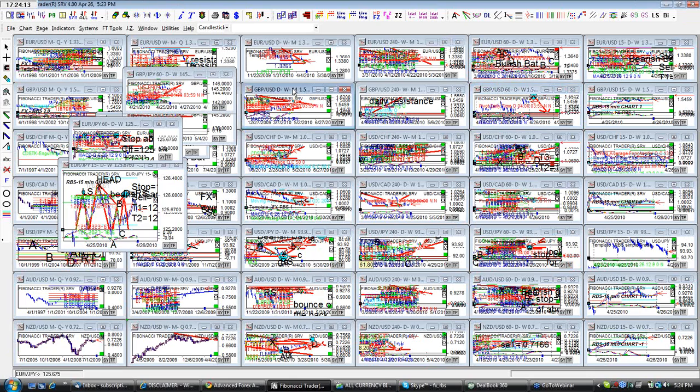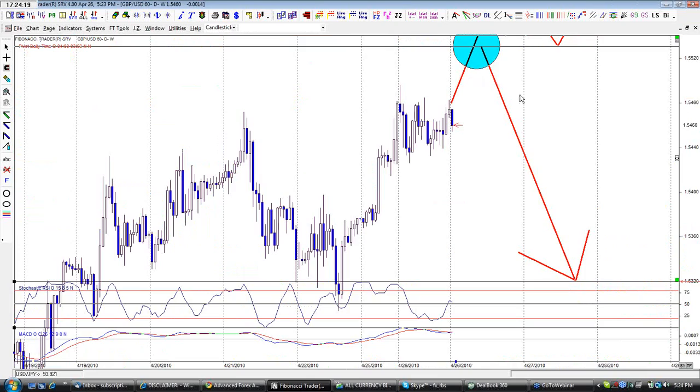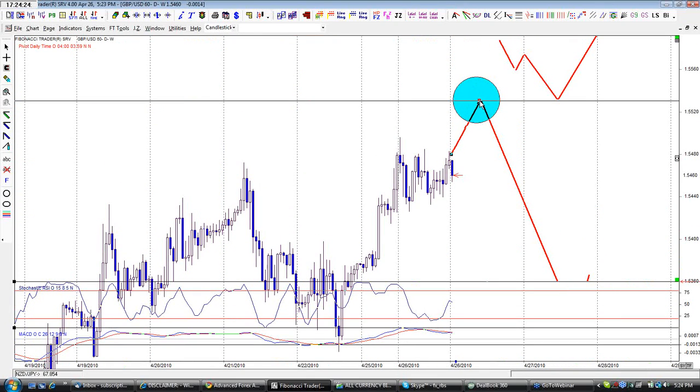Now, what would I be targeting if price actually bounces off this level?